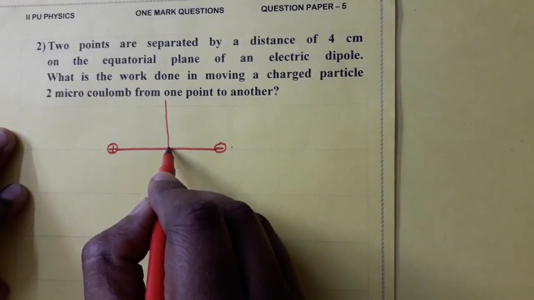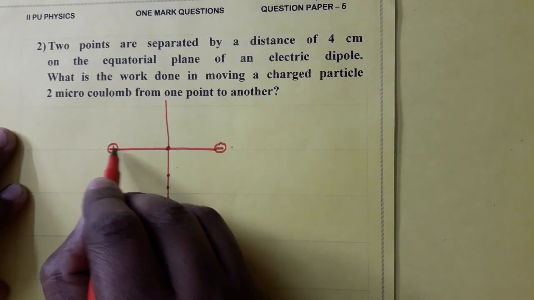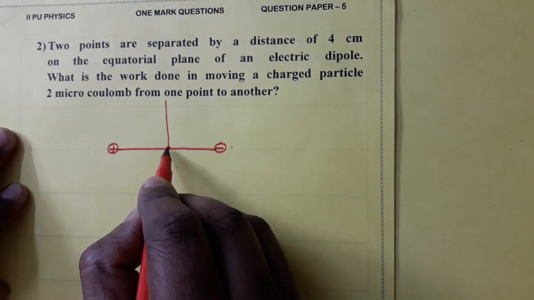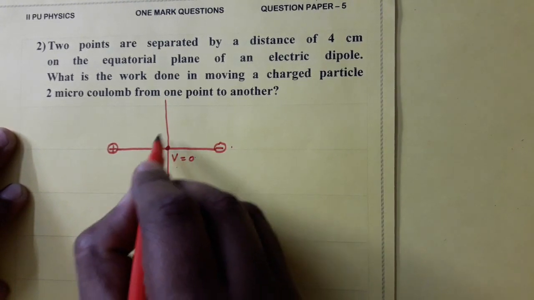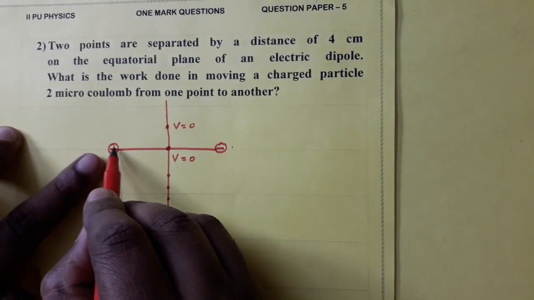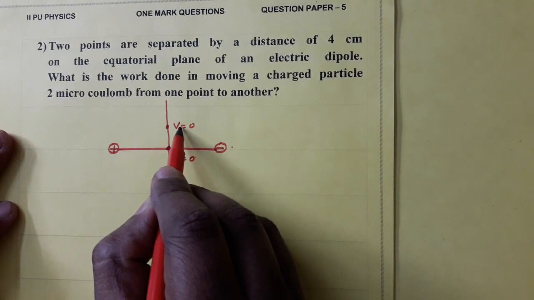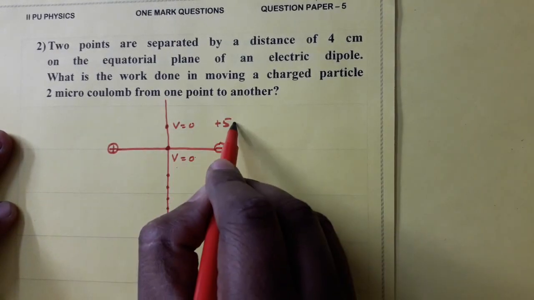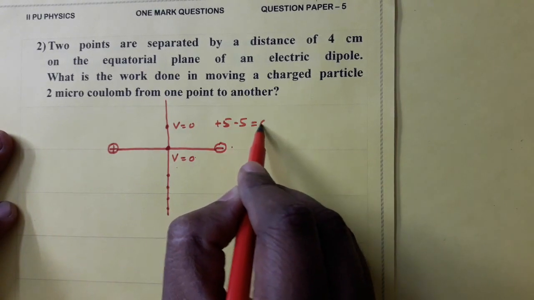So potential at this point due to positive charge is equal and opposite to potential due to negative charge. So resultant potential is 0. Here also resultant potential is 0. Means because of positive charge, potential is 5 volt. Then due to negative charge, potential is minus 5 volt. Therefore resultant potential is 0.